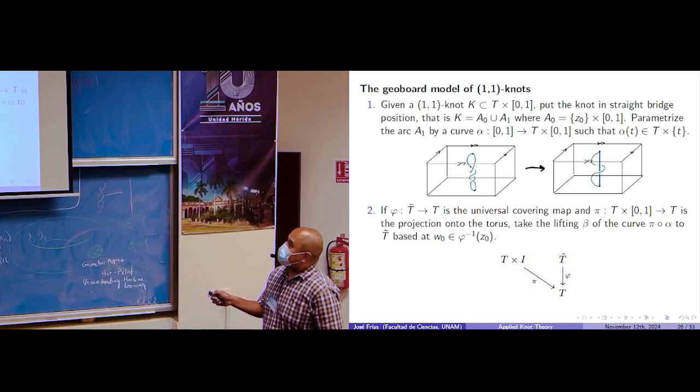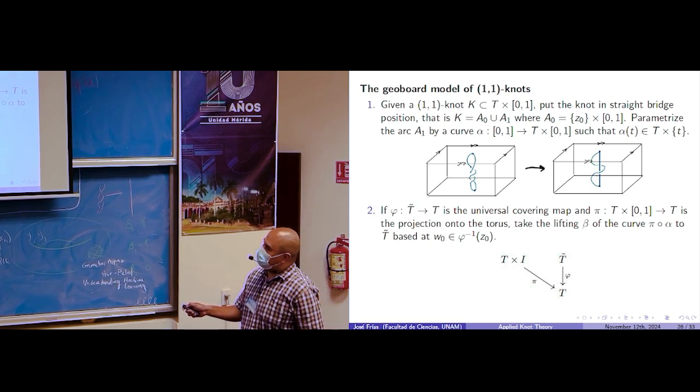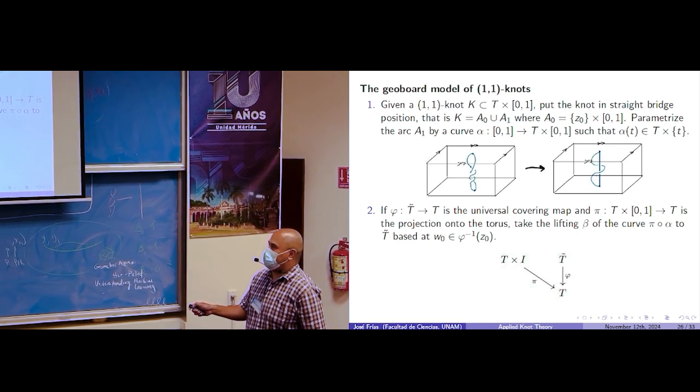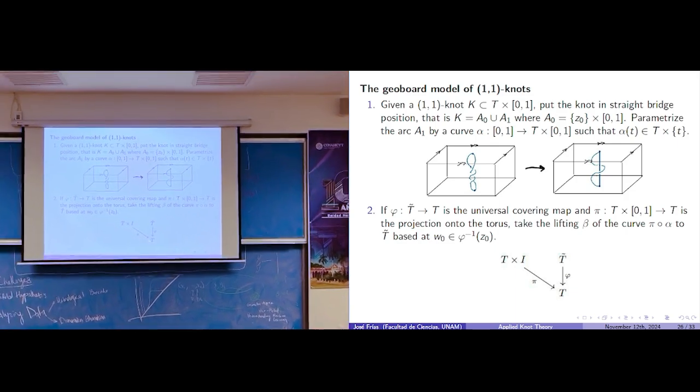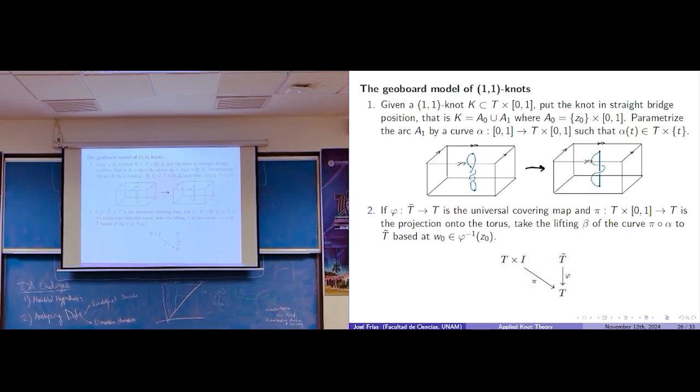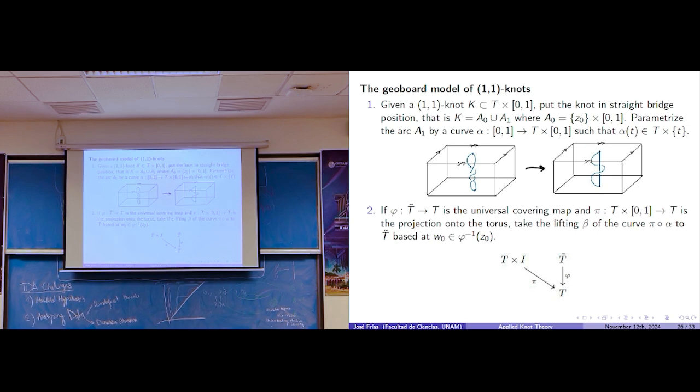And then we have our knot, this arc which is winding around. So you can project the arc onto the torus, and then you can take the lifting of this arc to the universal cover of the torus. So what's the universal cover of the torus?